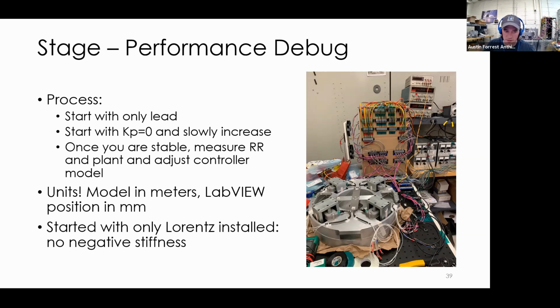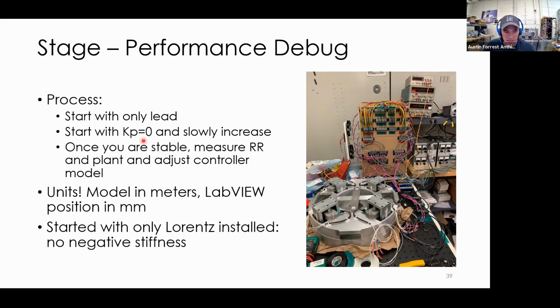So turn off your integrator, start with just your lead filter, and then you don't know exactly what the plant's doing. So start with a KP of 0 and slowly raise your KP until you get a stable response. As soon as you're stable, you can measure your return ratio in plant Bode plots and get a feel of what you're actually looking at.